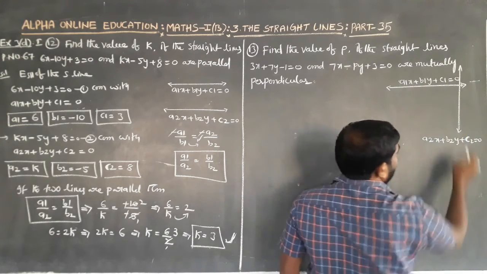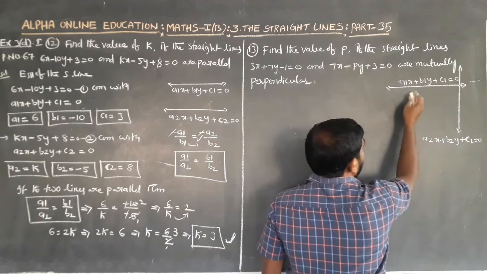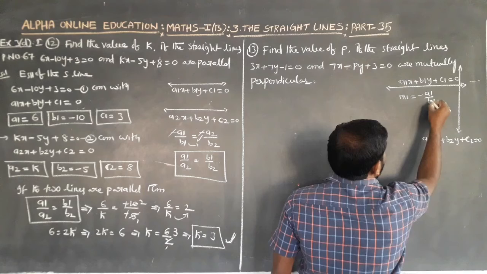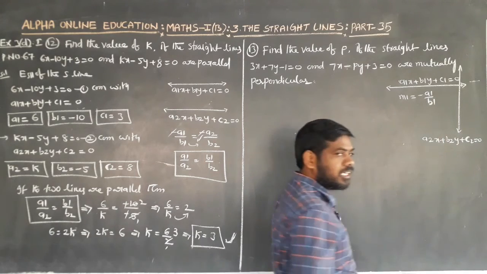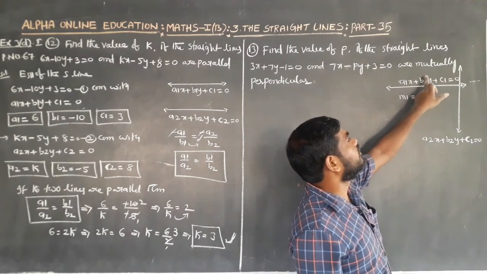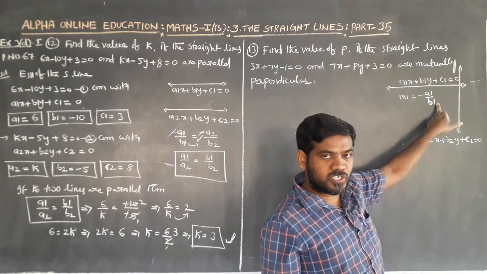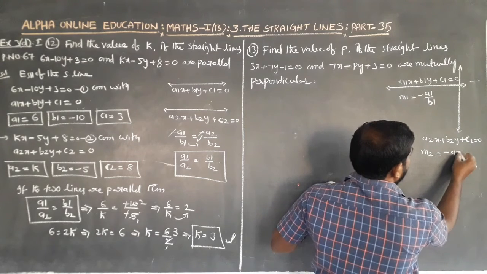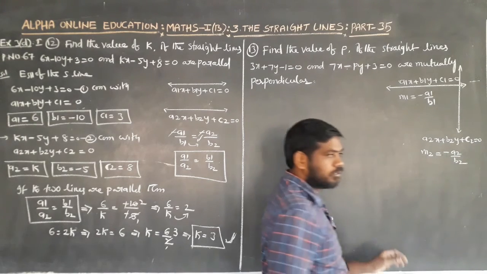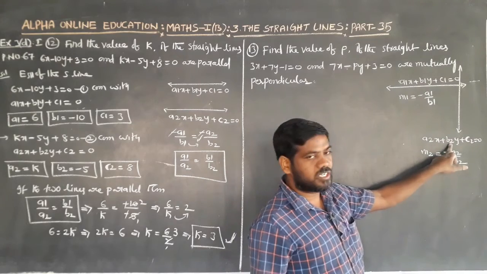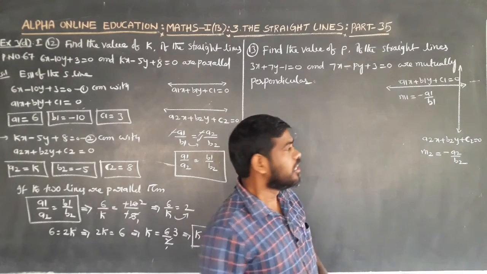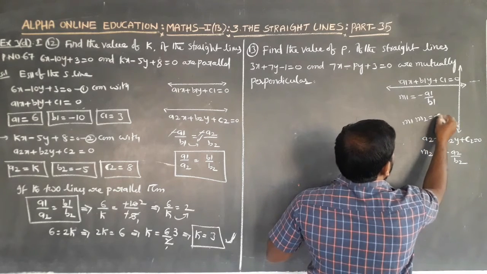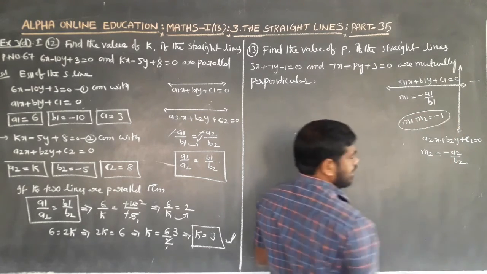Here two lines are perpendicular. The slope of the first line is minus A1 by B1. The slope of a line is minus x coefficient by y coefficient. The slope of the second line is minus A2 by B2. If the two lines are perpendicular, then the product of their slopes is equal to minus 1.